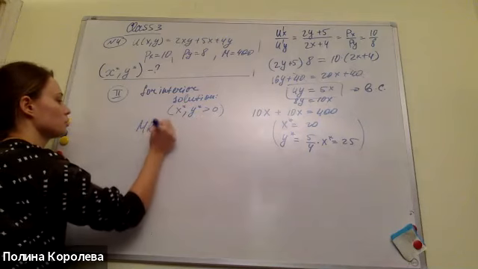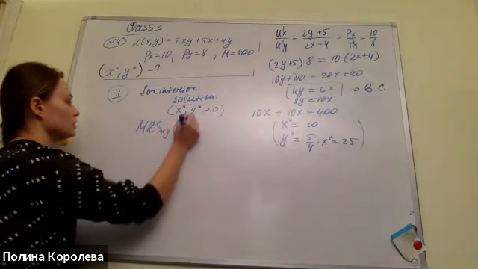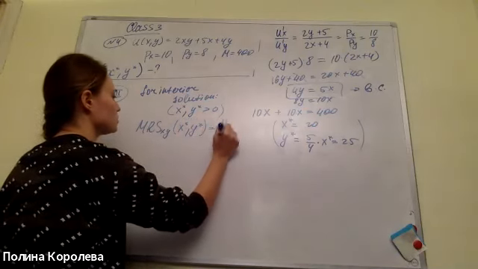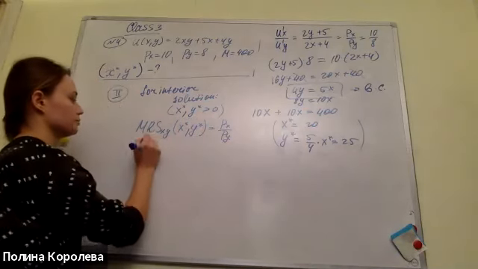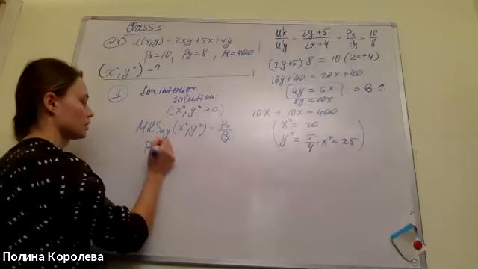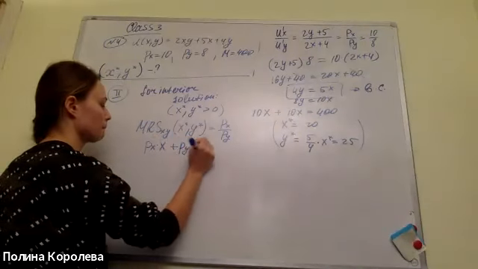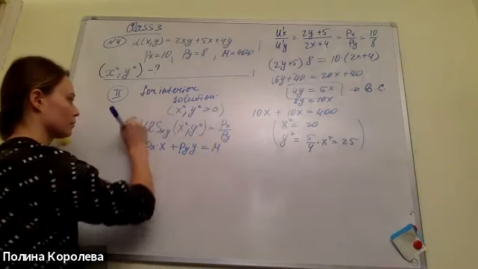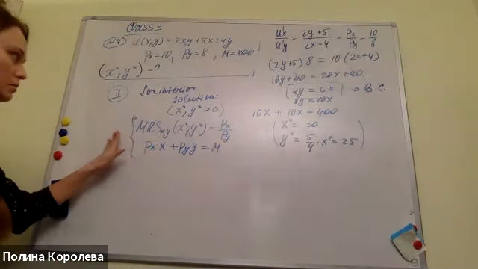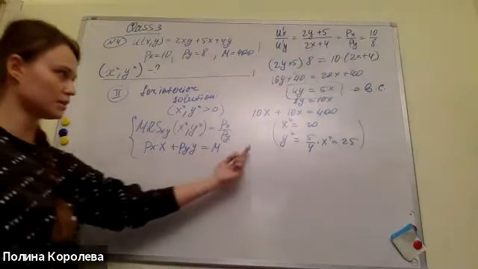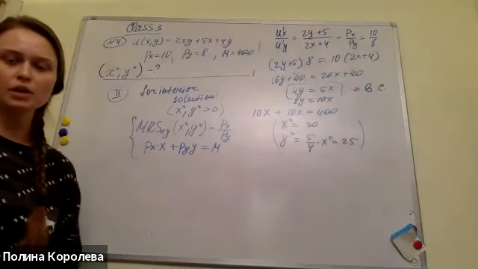The marginal rate of substitution of good x by good y at this optimal point should be equal to the price ratio of these goods, and the budget constraint should hold as an equality. This is a system of two equations with two unknowns. So from here you will find x star, y star. Okay?